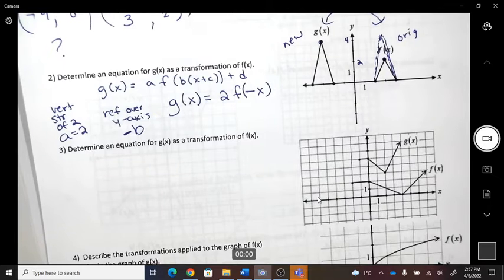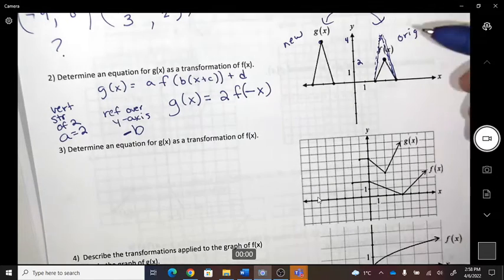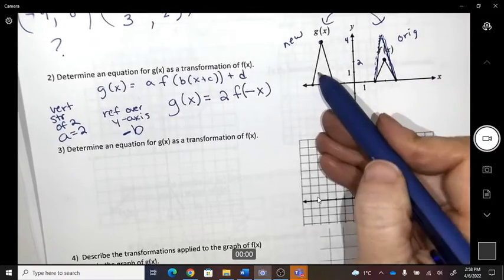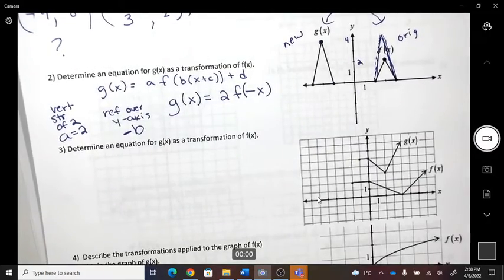Okay, there was actually another answer to that one. Does anybody see, well, I obviously have to stretch it. That's a for sure. Does anybody else know something else I could have done? If I took this shape, I could also do something else to get there. I could move it left.